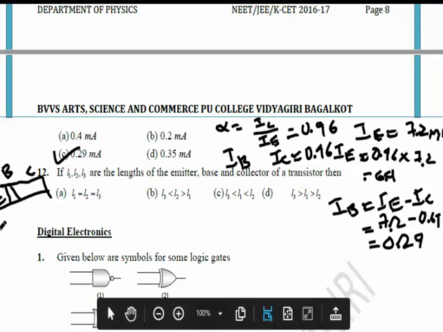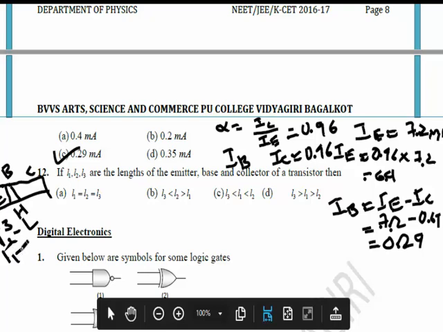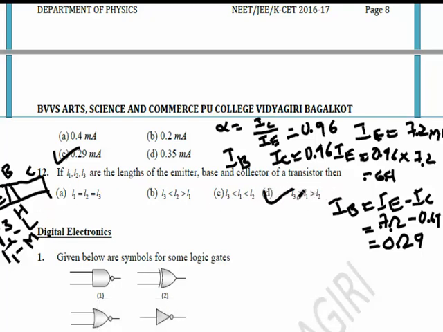So L3 is highest, L2, the length of base, is least, and L1 is medium. So L3 greater than L1, L1 greater than L2. L3, the collector, is greater than L1, the emitter, which is greater than L2, the base. So option D is correct.